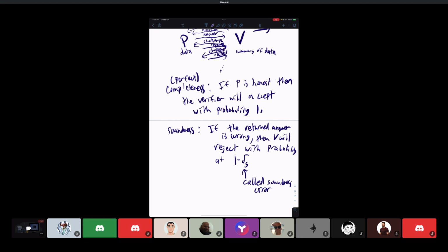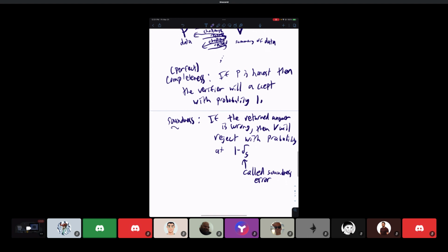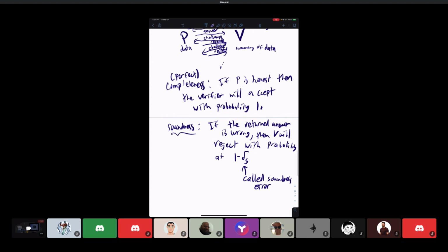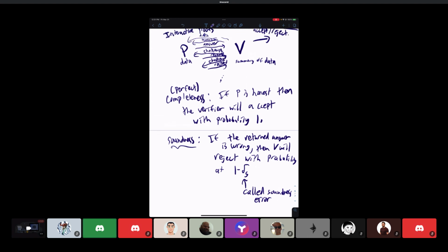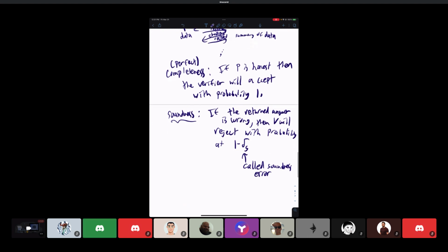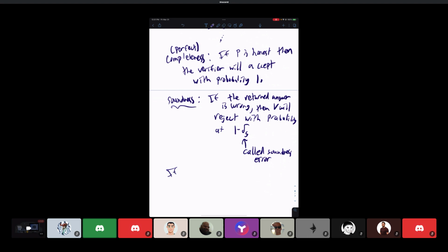Okay, and in an interactive proof, this soundness property is supposed to hold even if the cheating prover is computationally unbounded and working insanely hard to try to come up with convincing responses to the challenges. Now, if soundness only holds against computationally bounded provers, it's called not an interactive proof, but rather an interactive argument. So let me just write that out. Like polynomial time cheating provers.